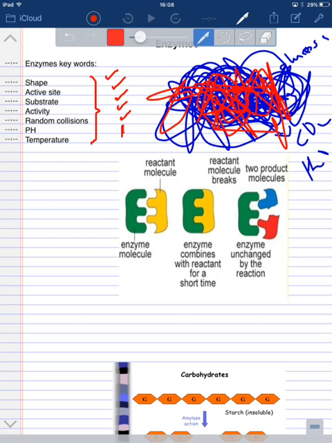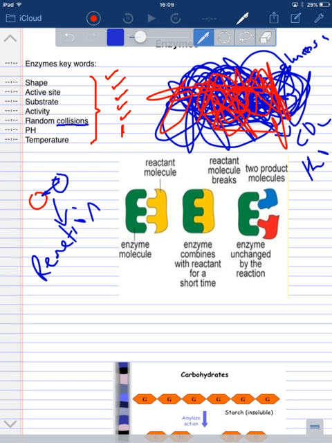And every so often, one glucose will hit an oxygen, and they will collide. Can you see here on keywords I've got collisions, and if they collide with each other hard enough and often enough, you get a reaction. That's how all reactions happen.